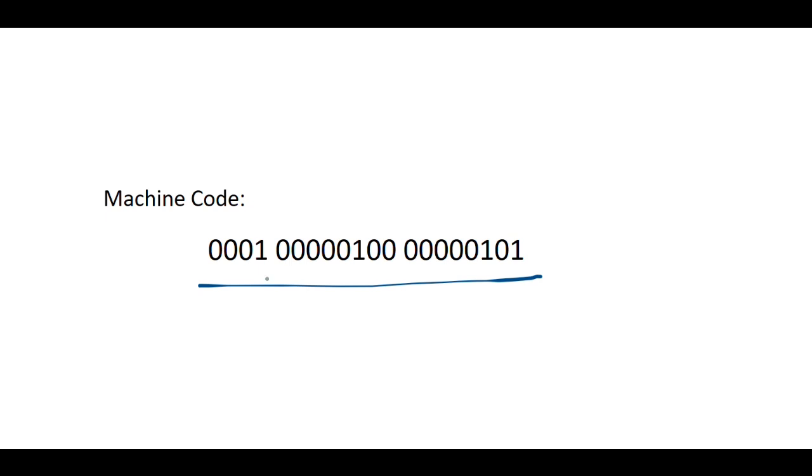When broken down, the first four digits of this instruction are what we call the opcode, which represents the operation we are going to perform. In this case, 0001 represents the operation add. That means it conveys to the machine that we are going to perform an addition operation on the following operands. So this 8-bit sequence of zeros and ones represents a number which is the binary equivalent of the decimal number 4.